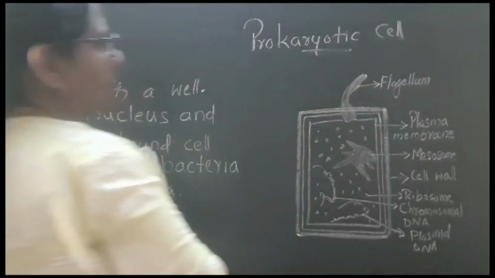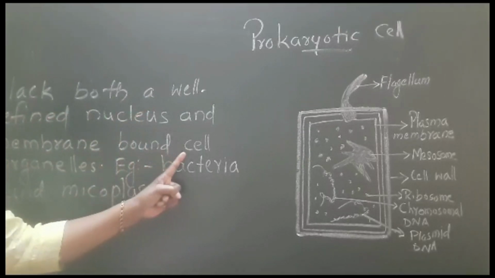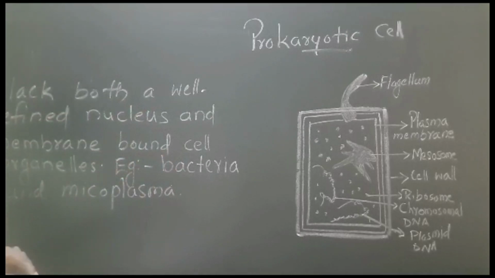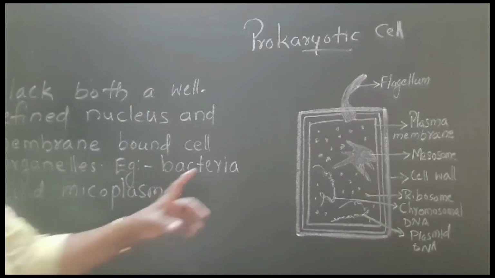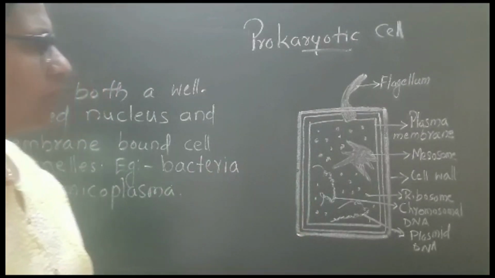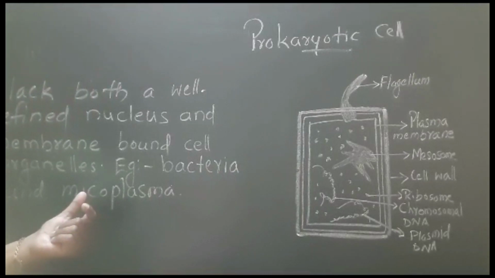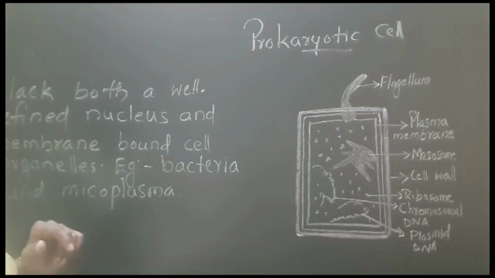Prokaryotic cell. Prokaryotic cells lack both a well-defined nucleus and membrane-bound cell organelles. Okay, you look at the diagram, you can see this very clearly. There is no nucleus and there are no membrane-bound cell organelles.